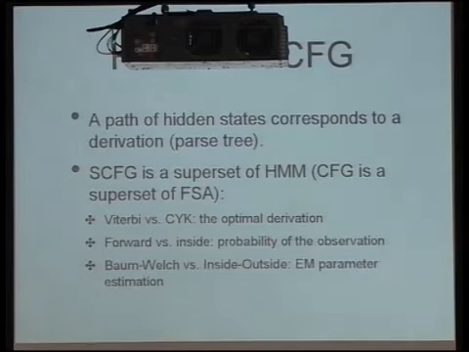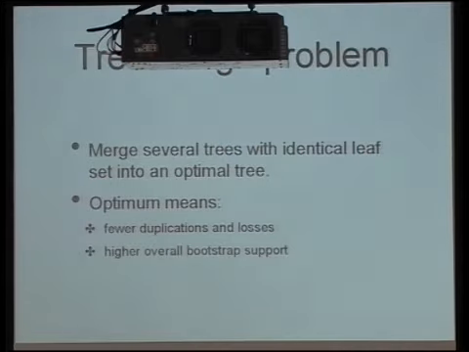And also, you can do EM parameter estimation. So, coming to the first application, tree merge with weighted context-free grammar. The tree merge problem is to merge several trees into an optimal tree. In practice, the optimum can mean fewer duplications or losses, or higher overall bootstrap support.